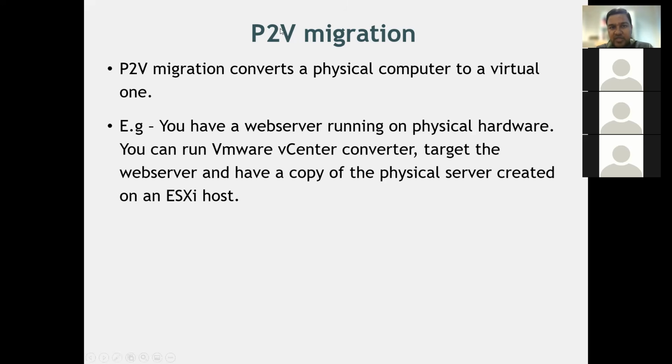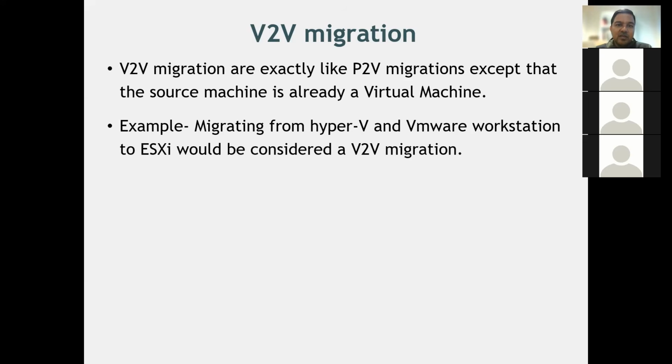This will help the company not stop execution, and while everything is running, they can migrate to the cloud. The other one is V2V migration, which is from one virtual machine hosted, let's say, in Microsoft Azure, and you want to migrate it to the VMware virtual server.